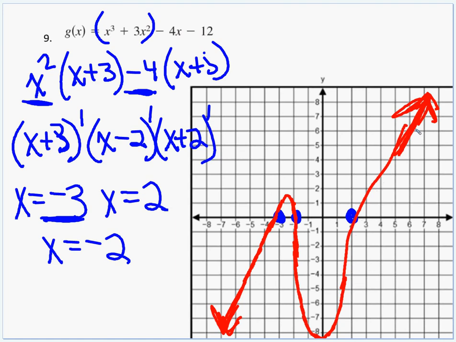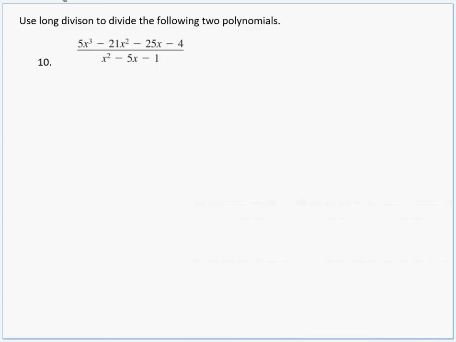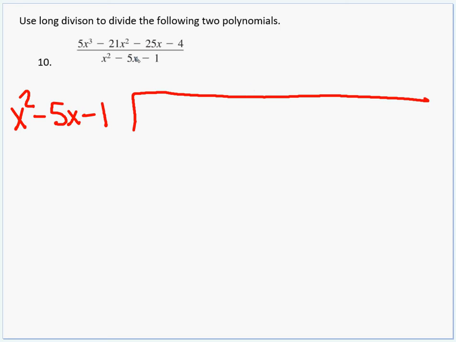So we're going to divide x squared minus 5x minus 1 into 5x cubed minus 21x squared minus 25x minus 4.